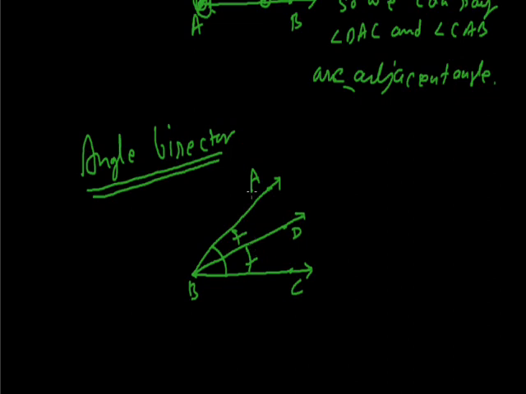Let's say angle ABD is equal to angle DBC. Then we can say that the line BD is the angle bisector. The line BD is said to be an angle bisector if it can divide the given angle into two equal parts.